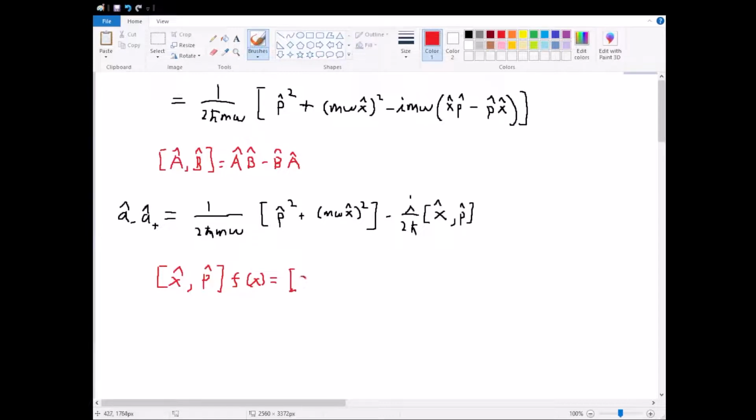This is going to be x times negative i h bar df by dx, subtracted by, this time p hat is on the outside, negative i h bar d by dx of the quantity f times x.